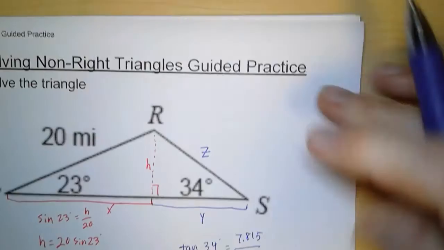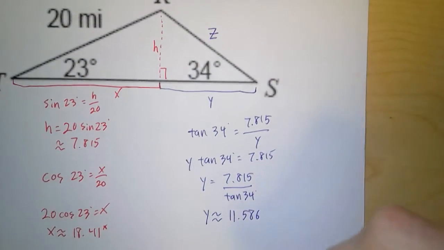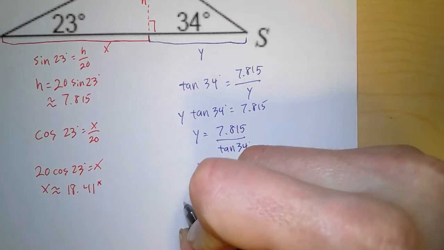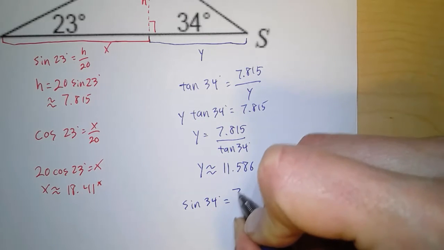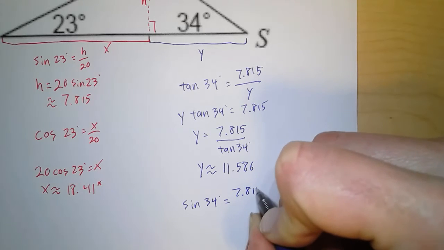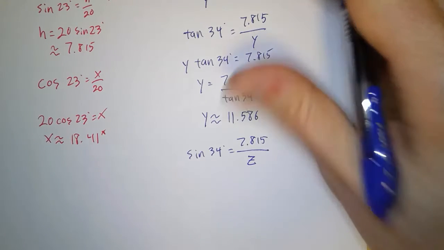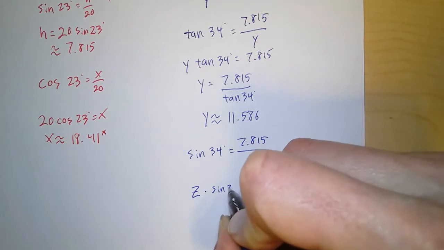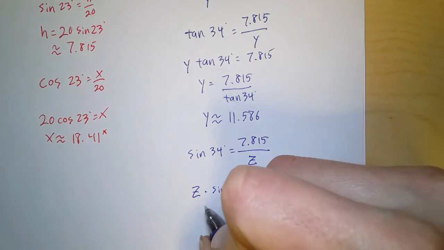And we'll just call it z. So to find z, we'll say, all right, well, we know h, we know the angle 34, z is the hypotenuse, so we'll use sine. So sine of 34 degrees equals h, which we know, 7.815 over z. So we'll multiply out the z, so we get z times sine of 34 degrees equals 7.815, and then we divide.